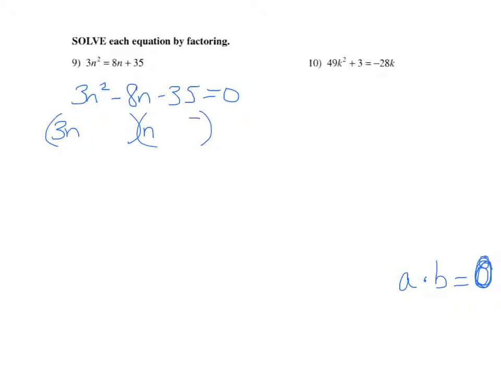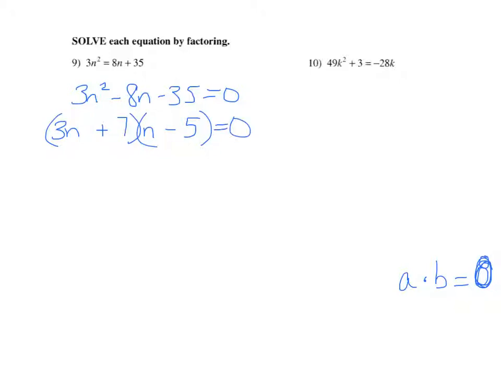Probably going to want a 5 and a 7, I'm guessing. That would get me a 15n and a 7n, and one will be positive and one negative. I think that's going to work nicely. I want a negative 8, so let's make the 15 negative and the 7n positive, and we've got our factors.